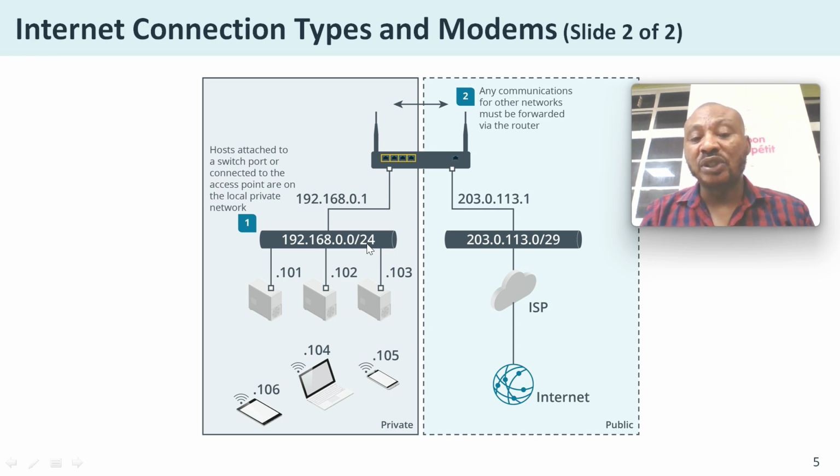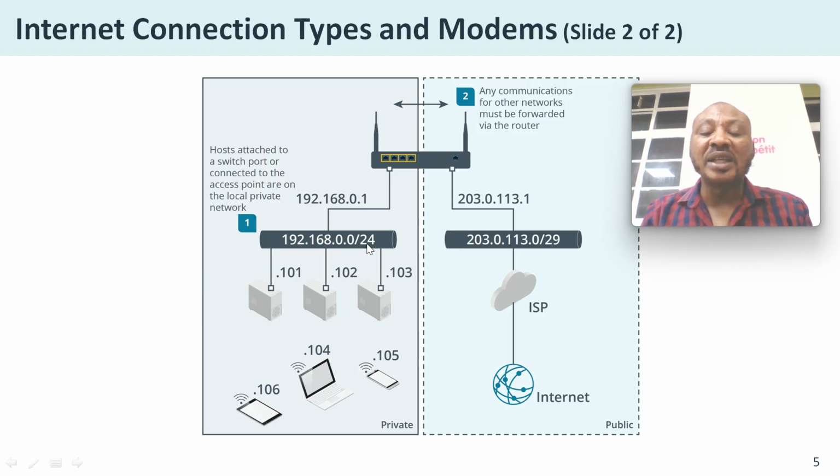The network portion of the IP address is like a street address. Everybody on that street must have the same street address. That's the network portion. Then the host portion of the IP address is like your own address, your house where you stay. So if you live, for instance, on Bowen Street, your Bowen Street is your network address.